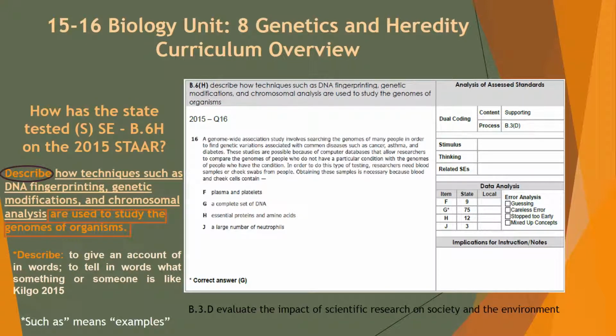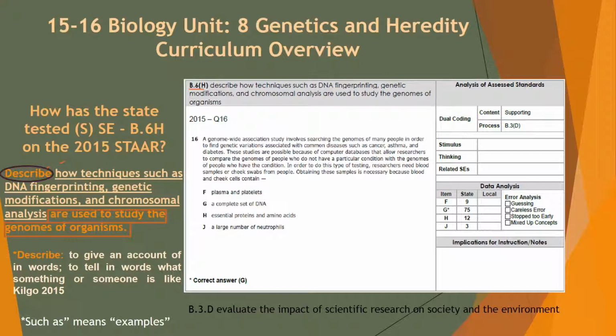And last but not least, our last SE or focus, B6H. Describe how techniques such as DNA fingerprinting, genetic modification, and chromosomal analysis are used to study the genomes of organisms. And one thing for sure that we know, again, our verb is describe.